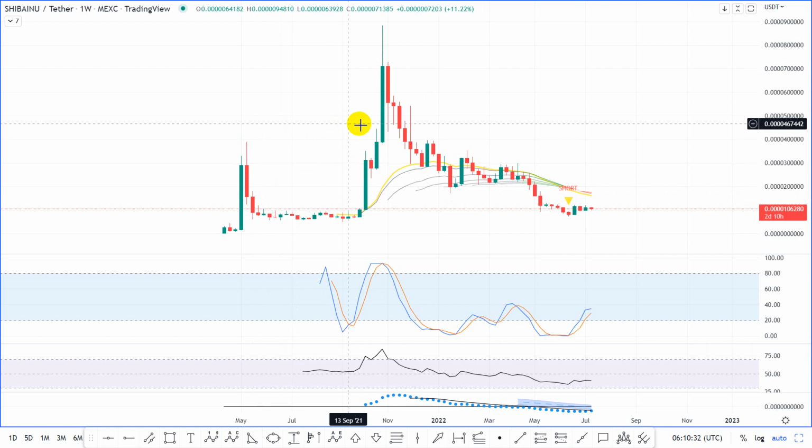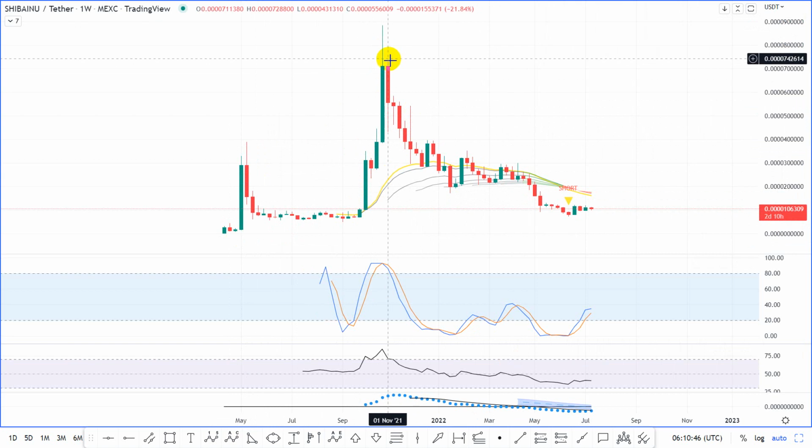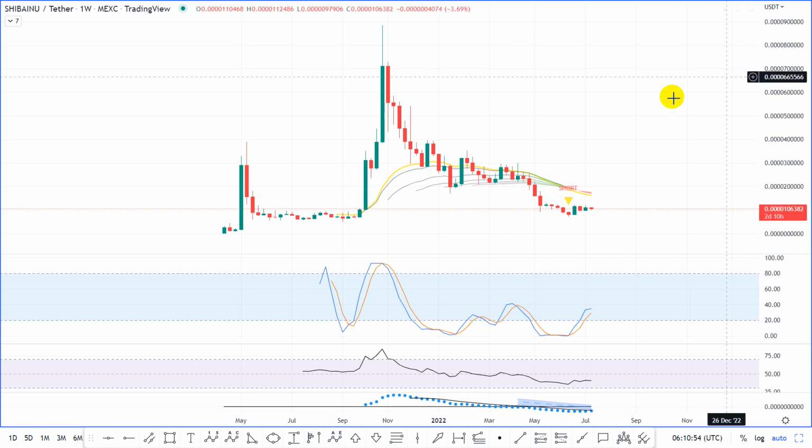Here, if you look at this chart, tell me by your visual representation which impulse is greater, which one is bigger. And you will definitely tell me this one, right? Because you can see it's bigger. Well, you're wrong, because in trading we don't actually want to see the price scale grow, we want to see the percentage of the growth.